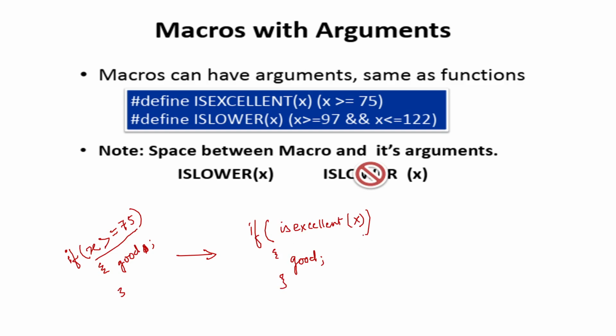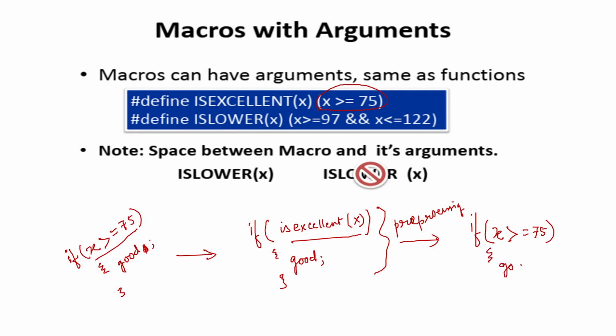This is the original code. When this is pre-processed, this is_excellent will be replaced by this line. So when the program executes, actually the program will execute this line. This particular is_excellent will be replaced by this condition, and whatever code I have written remains the same. So this is a difference.